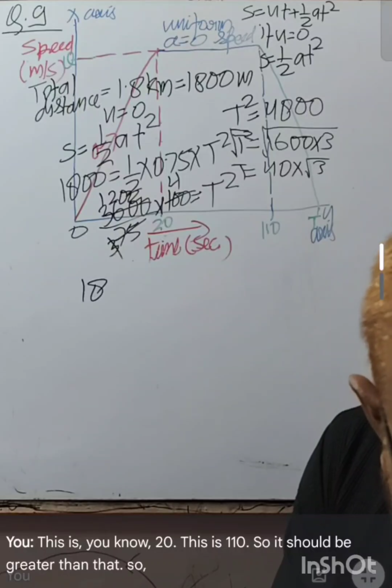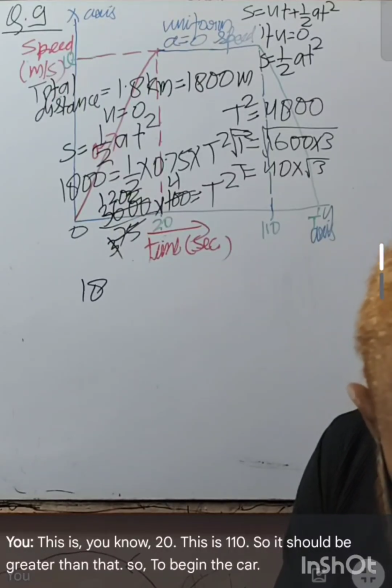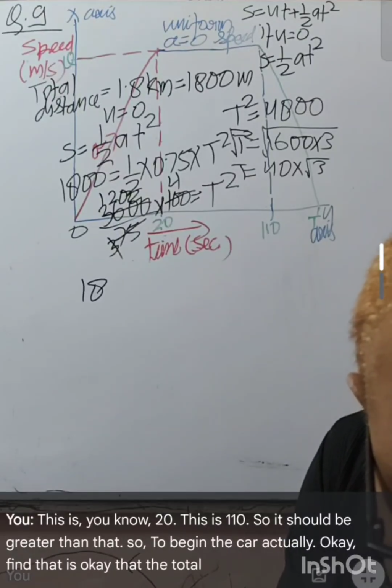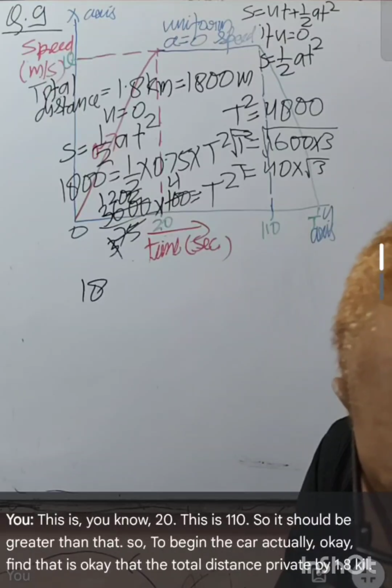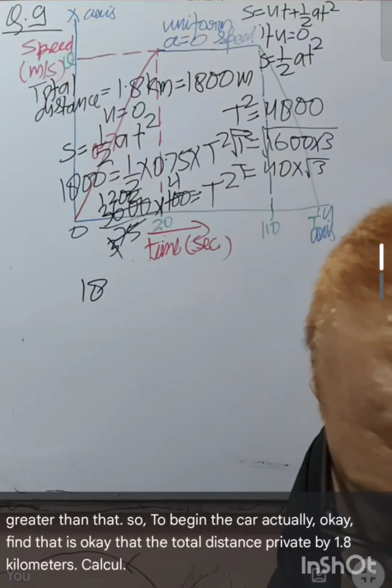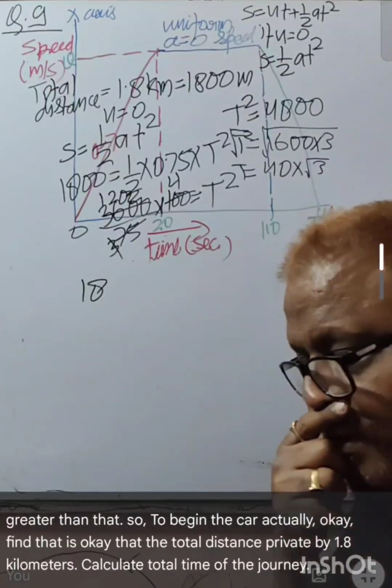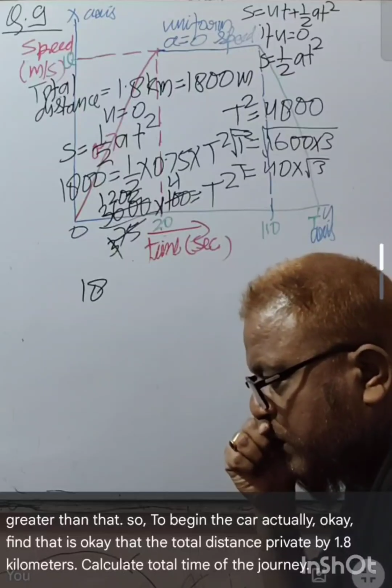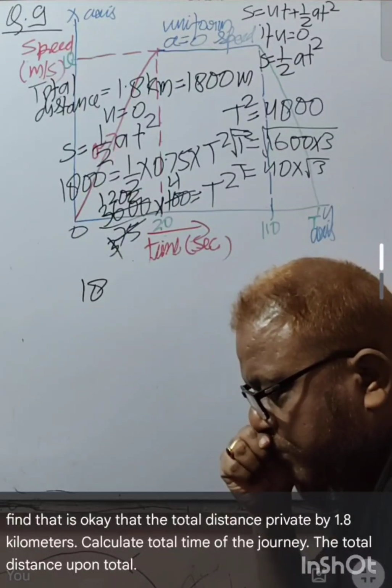So to begin, the car accident, okay, fine, that is okay. The total distance traveled is 1.8 kilometers. Calculate the total time of the journey. So total distance upon total time.